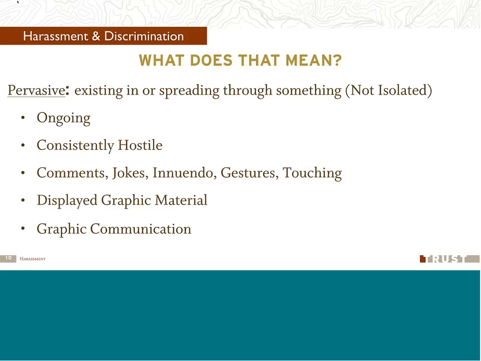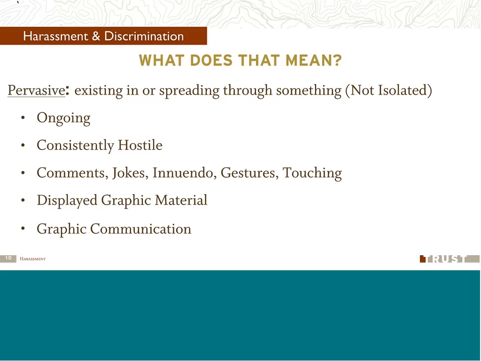So pervasive is ongoing. In other words, if I make a slip and I say something really rude or demeaning towards somebody, but I only do it once, that's not pervasive because it's not ongoing. I corrected my action, I never repeated it again. It's not pervasive.